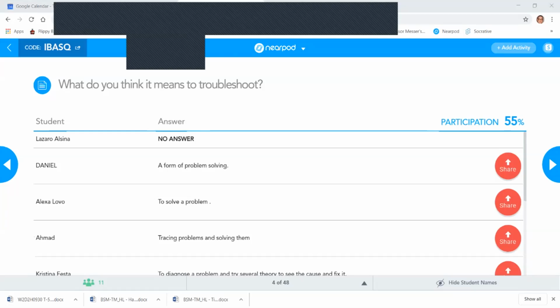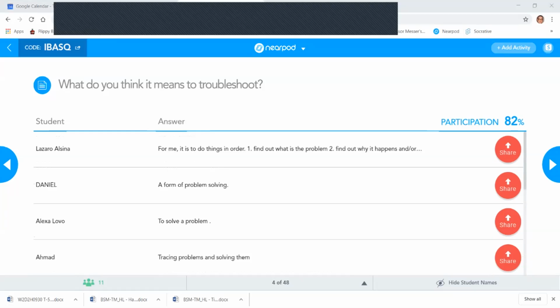Okay, now we're getting some things. Yeah, so obviously from here, eventually it is to solve a problem.